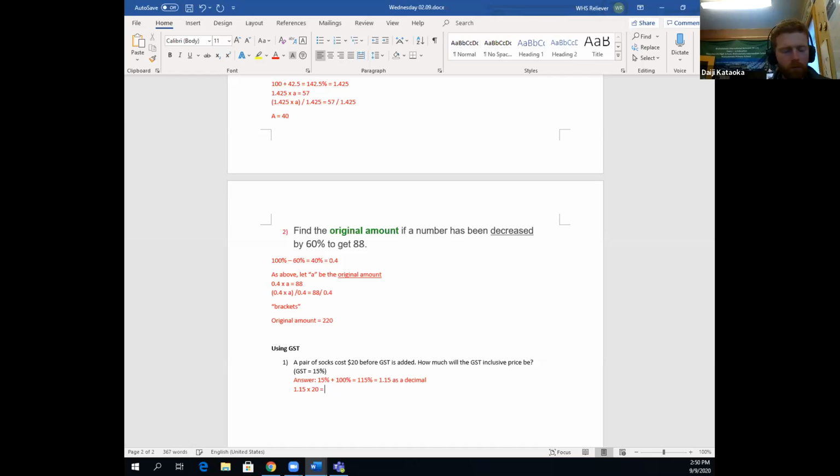Good. Equals 23. Okay, so the GST inclusive price for the socks is $23. We'll just put a dash there. There we go.